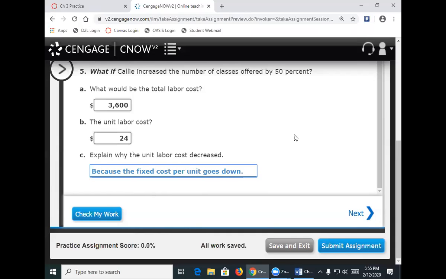We went from 2,000 to 3,000. But if we were to calculate our unit variable cost, this $20, it didn't change. So with variable costs, variable unit costs stay the same. But with production changes, total variable cost is what we see change. So they have an inverse relationship. Okay. Does that make sense? Okay.